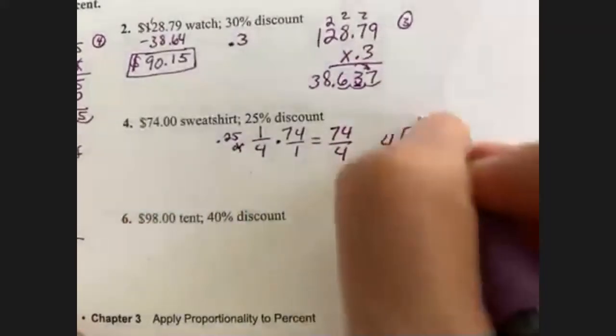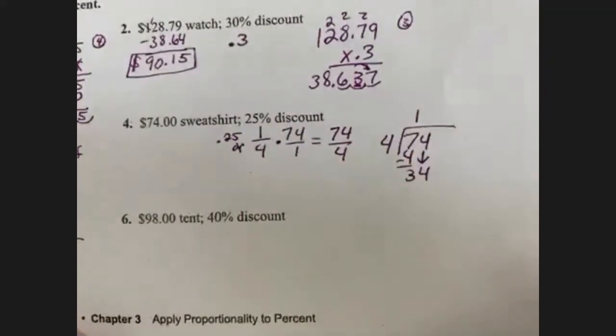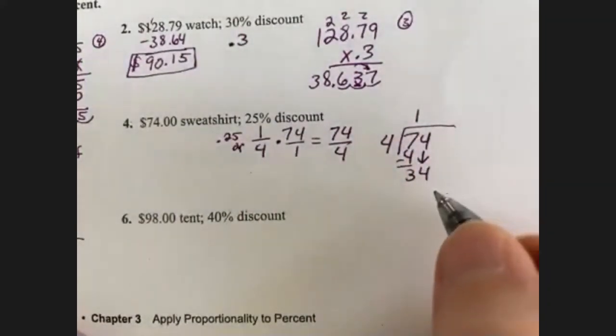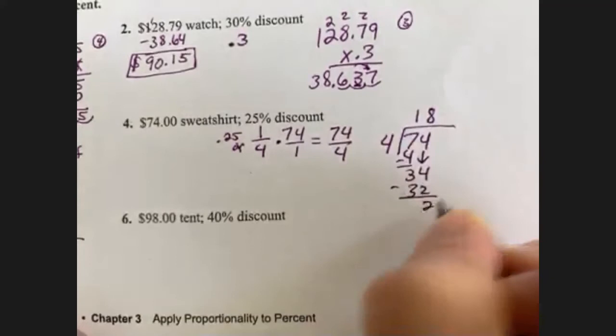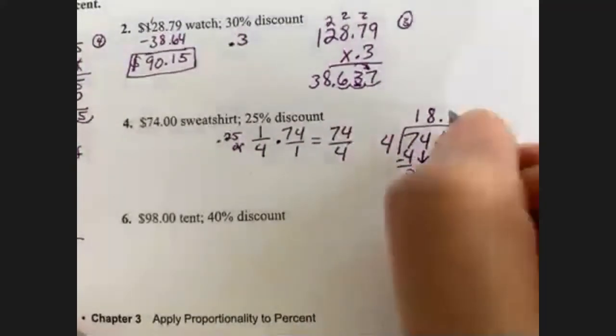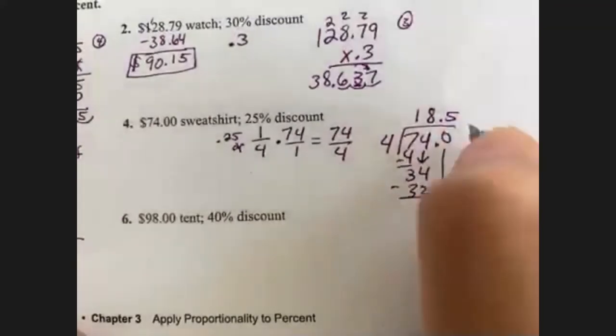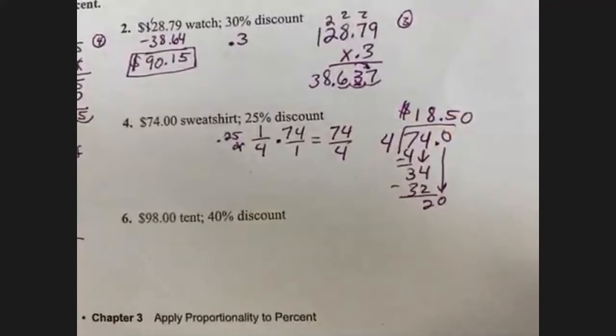I sometimes like the division a little bit better, and some of you have gotten rather good at the division. 4 into 34, let's see, 9 times is 36, so 8 times is 32, and I get 2, and I add the decimal on, and remember we're doing decimals here, and 4 goes into 25 times. So I have to put a 0 back there because it's money, so it's $18.50 discount.